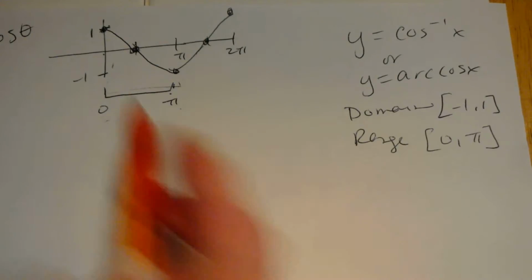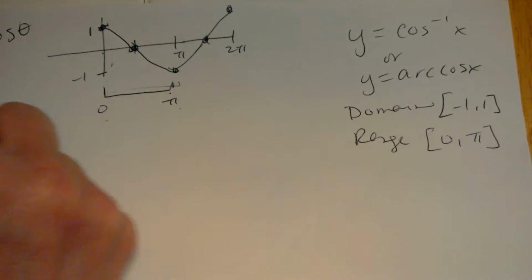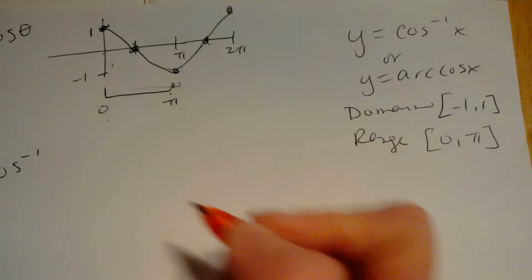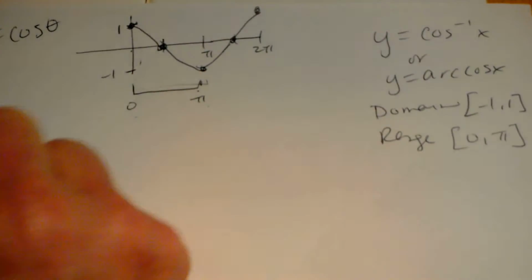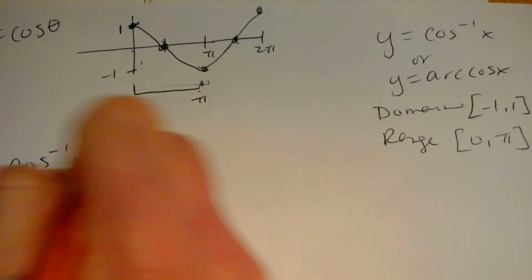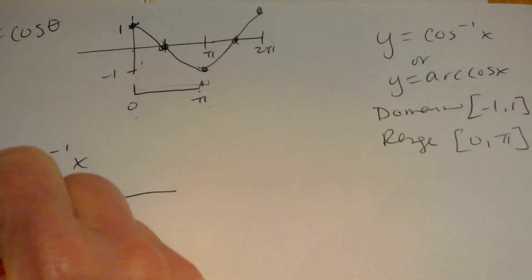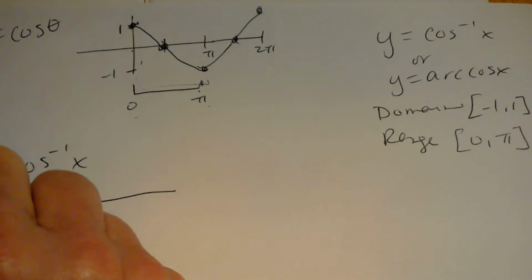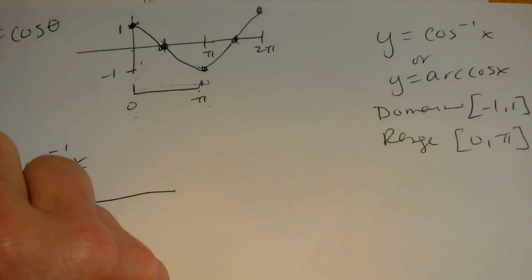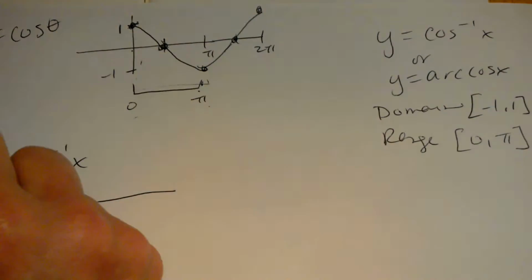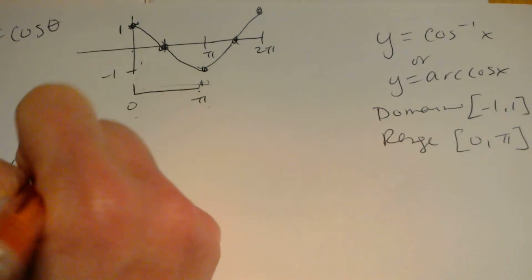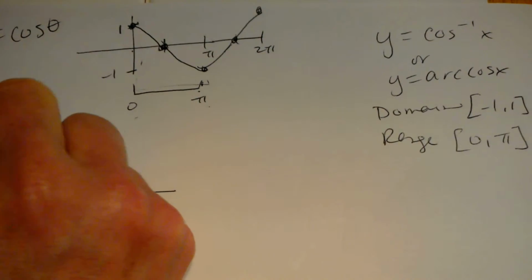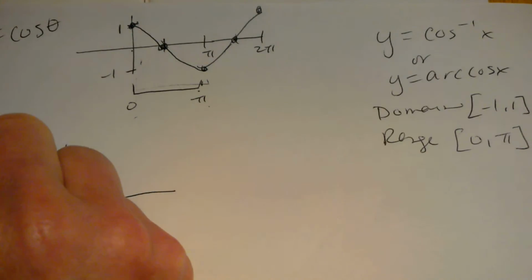So let's graph it. So if I graph this one, so my domain here, again, let's see, from -1 to 1. My range is from 0 to pi.